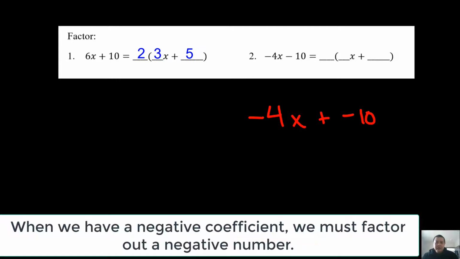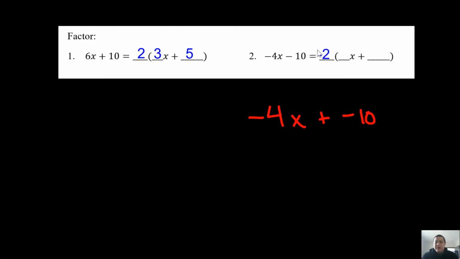So first, we need to figure out what negative number that is by finding the greatest common factor of 4 and 10. And that greatest common factor is 2. So we're going to factor out a negative 2, because we have a negative coefficient right here. So the question becomes, negative 2 times what gets us negative 4x?